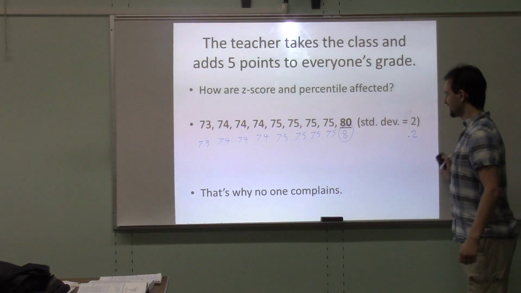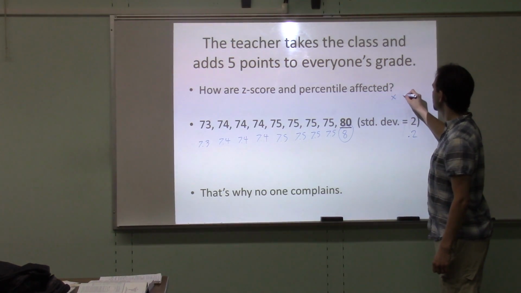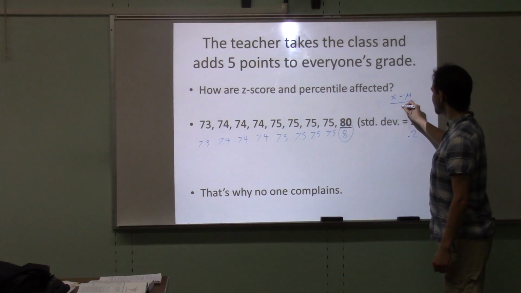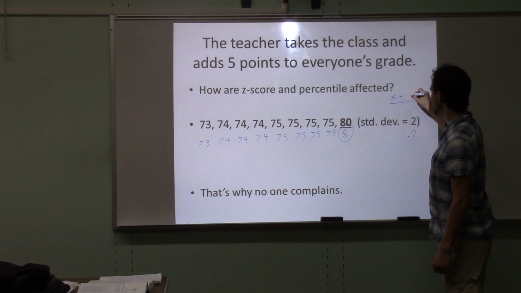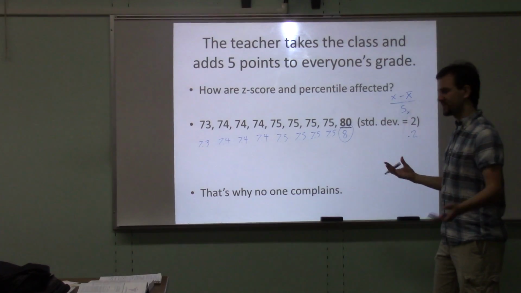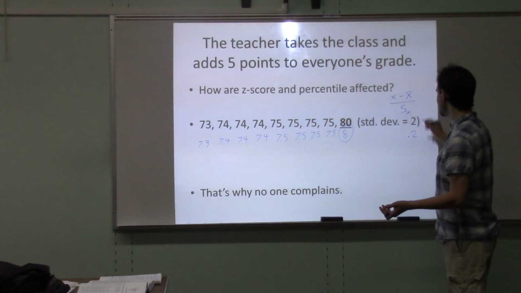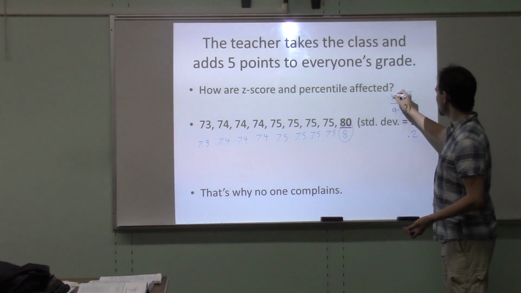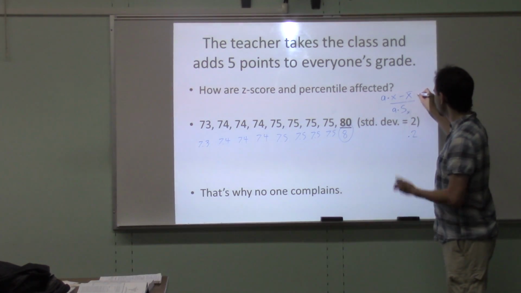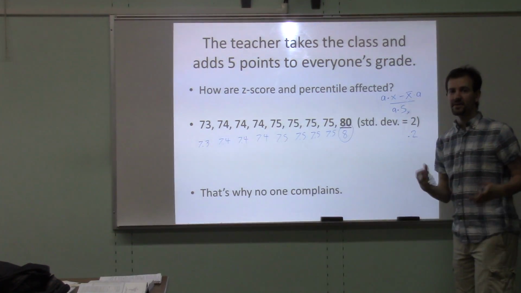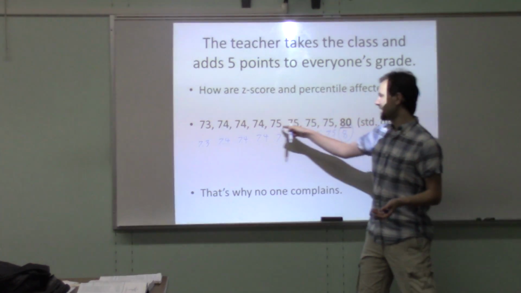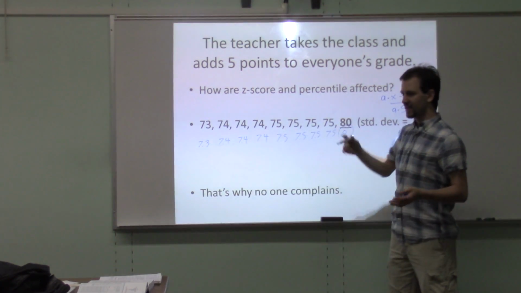But I can explain why this happens in theory also. If you take a point and compare it against the average and then divide it by the standard deviation, let's say I multiply everything by 2, all the points get doubled, or divide everything by 10. Let's just say I multiply it by something I will call a constant, a. That multiplies every point by a, it multiplies the average by a, and it multiplies the standard deviation by a, because when you multiply everything by 10, the points get that much further apart.